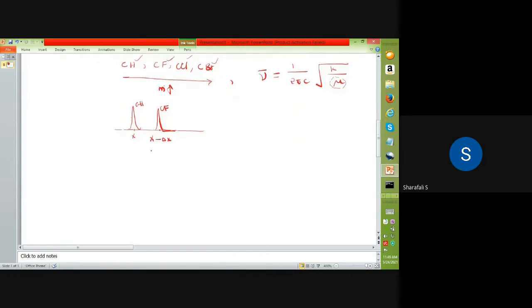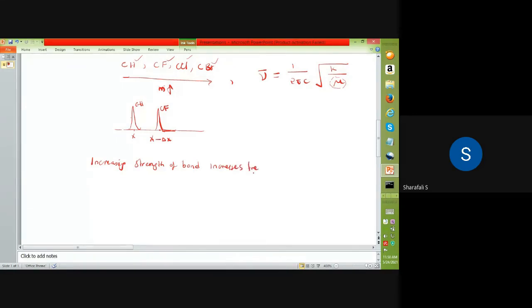Similarly, in the same concept, another important thing is that the frequency is also affected by the bond strength. Increasing strength of bond increases frequency.